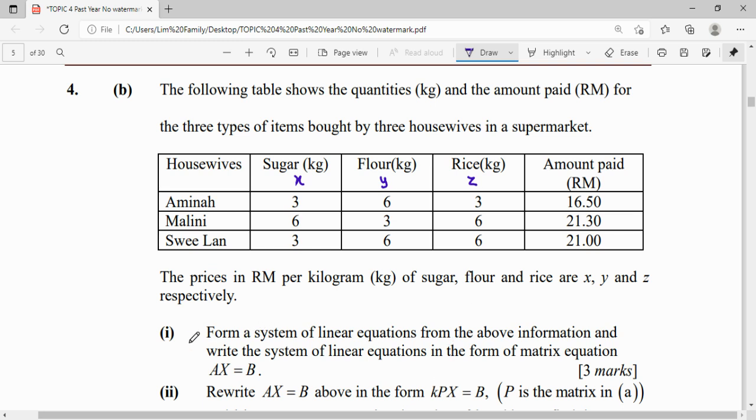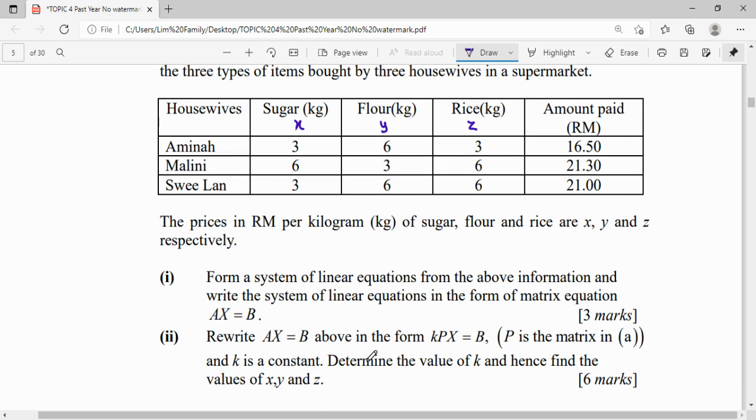For the first question, they ask us to form our linear equations and matrix equation. Our first equation will be 3x plus 6y plus 3z equals 16.5. The second will be 6x plus 3y plus 6z equals 21.3. Continuing, it will be 3x plus 6y plus 6z equals 21.00.